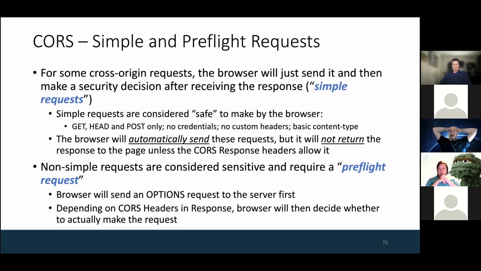Then the browser will make a decision on the original request. This is known as a pre-flight. So we send a check, and ask the server, okay, what are you allowing? The server tells us what it's allowing, and then we make a decision based on the response from the server. Does this make sense?